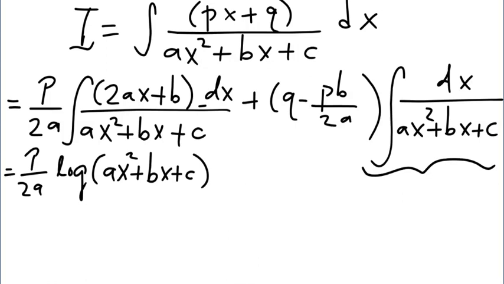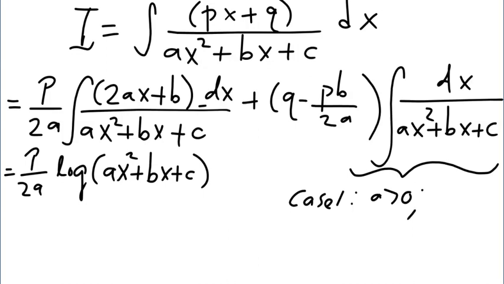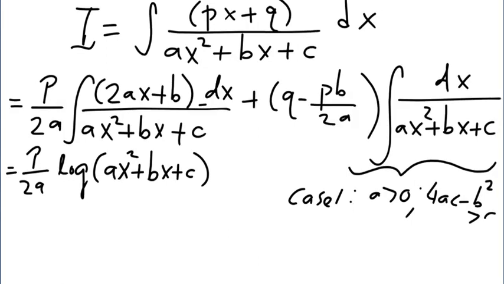Integration of the second part, I2, has already been explained in our previous video of integration of rational functions. Namely, there we mentioned that three solutions are possible depending on which of the following three cases an integral corresponds to. Case 1 is when a is positive and 4ac minus b squared is also positive.